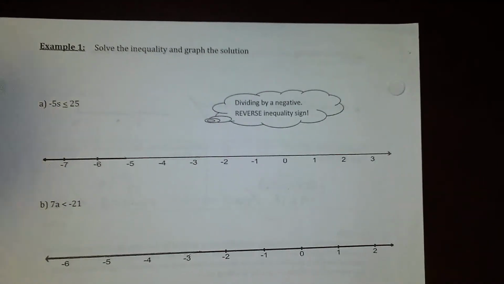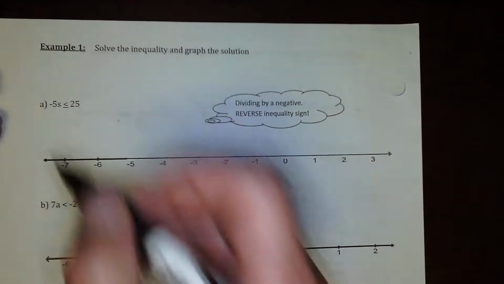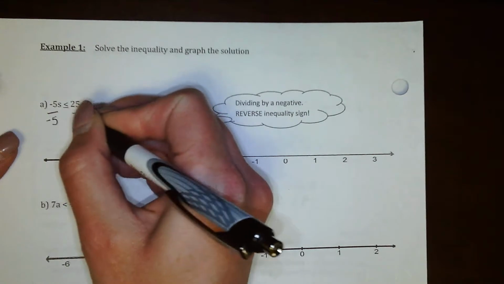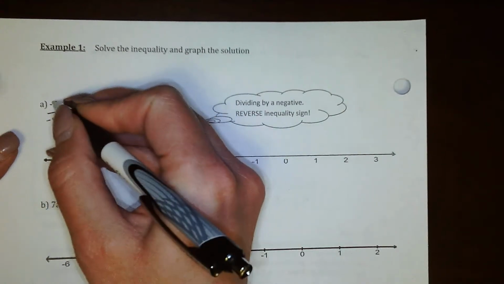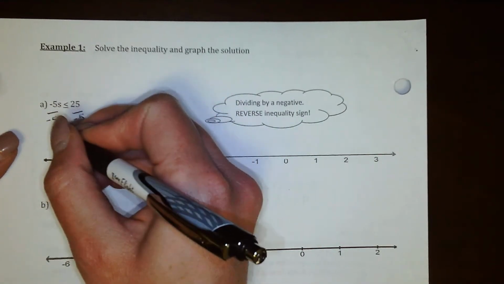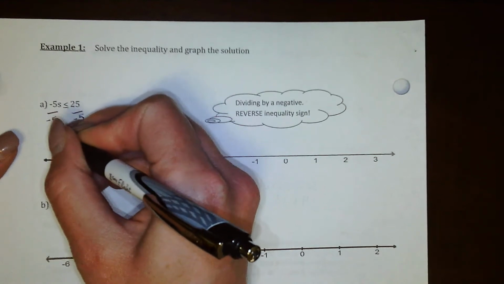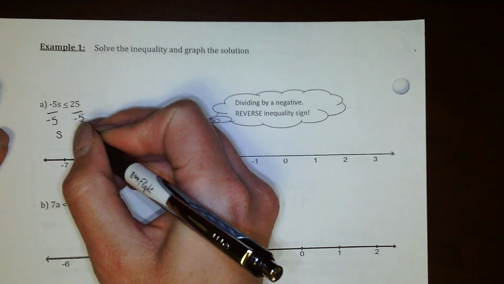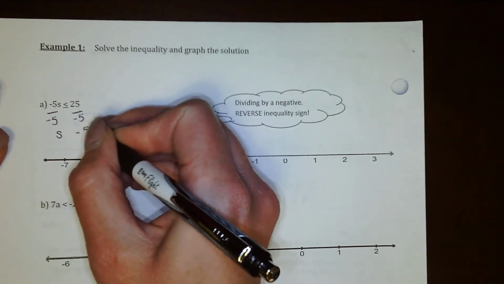All right, so just like solving an equation, we're going to divide by a negative. So when I divide by -5 on both sides, -5 divided by 5 is just +1, so I won't write that, and 25 divided by -5 is going to be -5.